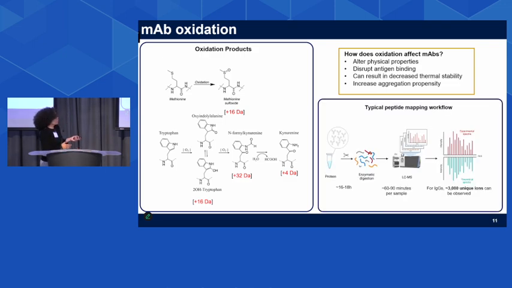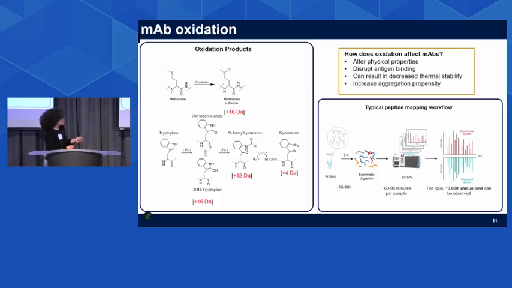And how we usually go about looking at this oxidation and identifying where this oxidation is happening is through peptide mapping workflows, where we take our protein, so our whole mAb, and we digest it down to a lot of small peptides, and this can take between 16 to 18 hours.